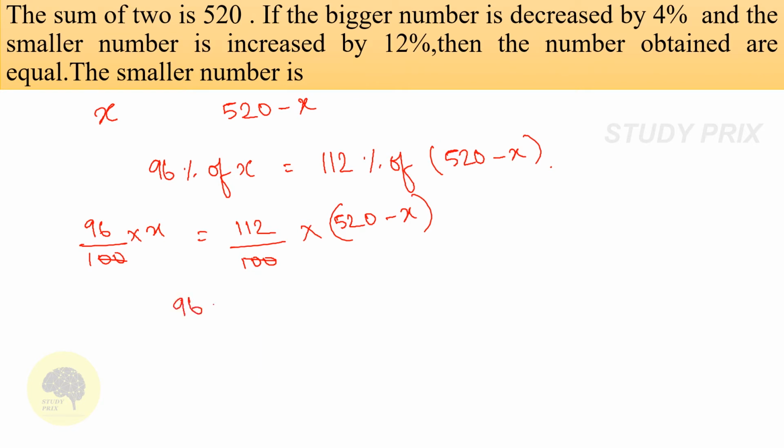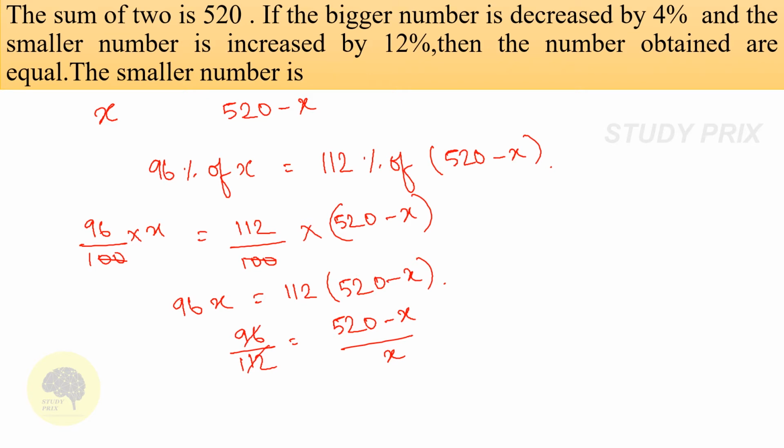Therefore 96x is equal to 112 into 520 minus x. Therefore 96 divided by 112 is equal to 520 minus x divided by x. Simplifying this, cancelling in the 8 table, 12 and 14, again cancelling this, we will get 6 by 7.